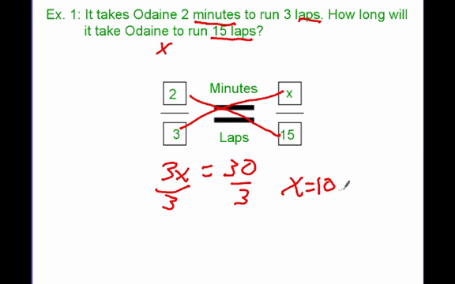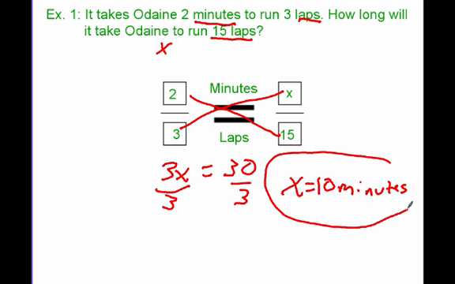It's up top, so that means it is 10 minutes. So it's going to take Odane 10 minutes to run 15 laps. That's pretty good, it's more than a lap per minute. All we have to do is set up our proportion, put our units in first, then plug in our numbers, and then cross multiply to solve.